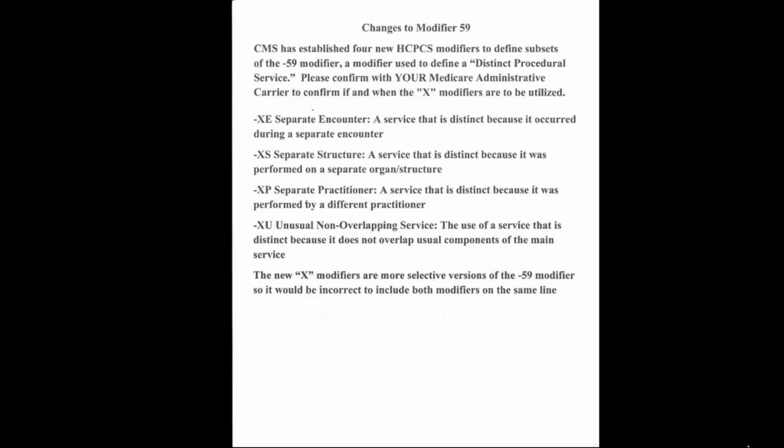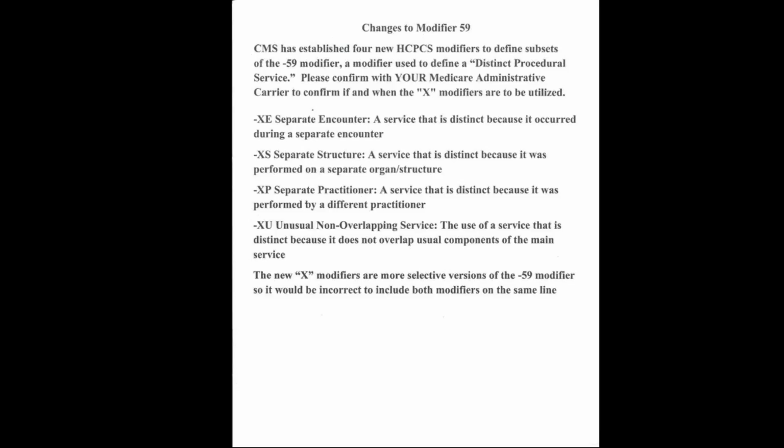When Medicare came out with these changes to the 59 modifier, it created a great deal of confusion, which is obviously leading to the question I was just asked. It was so confusing that when CAC representatives went back to Medicare and requested explanations of these X modifier subsets, the Medicare carriers didn't understand them themselves.